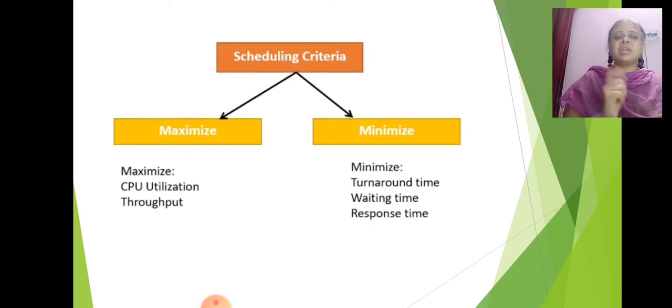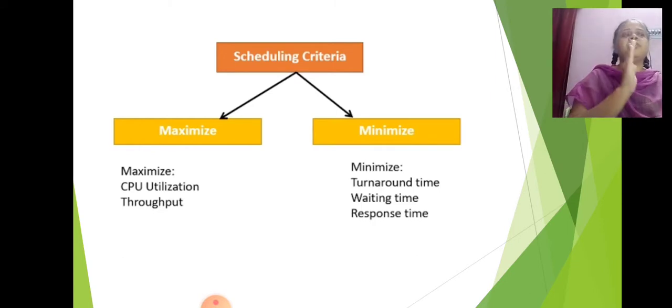Now, next criteria, turnaround time. What is turnaround time? Say we are looking from the point of view of a particular process. The important criteria is how long it takes to execute that process. The interval from the time of submission of a process to the time of completion of the process is called turnaround time. I am repeating again, listen carefully.